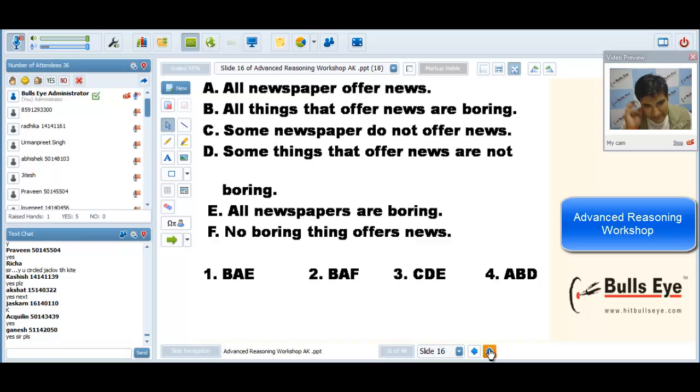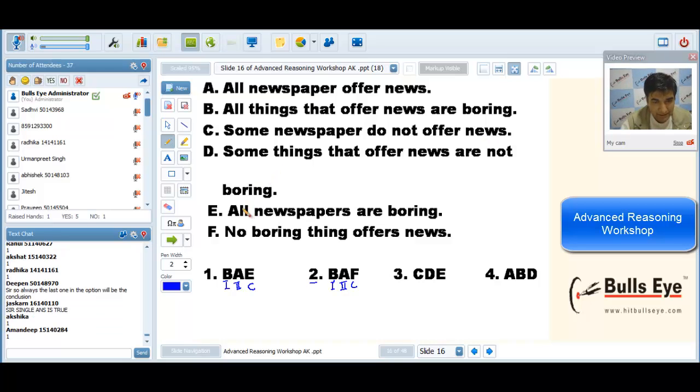Now, this is again syllogisms, but basically a different type. We solve this type through the options. Options B, A, E basically mean if B is the first statement, A is the second statement, then E is the logical conclusion which follows. As per the second option, if B is first, A is second, then F is the logical conclusion. So you have to go through options to check.